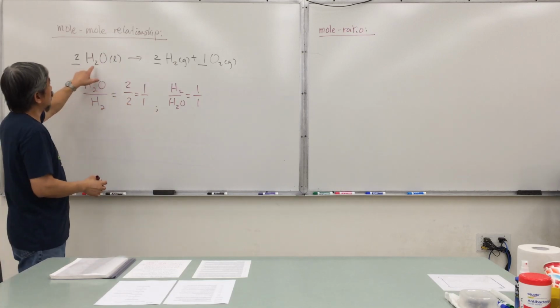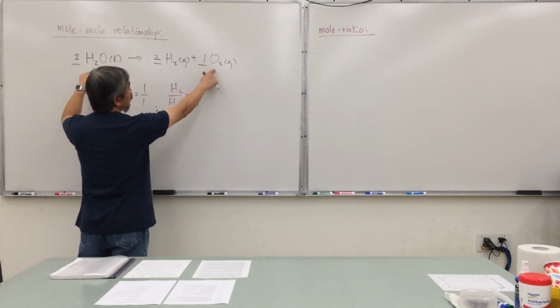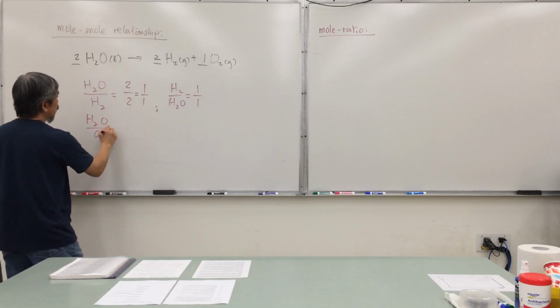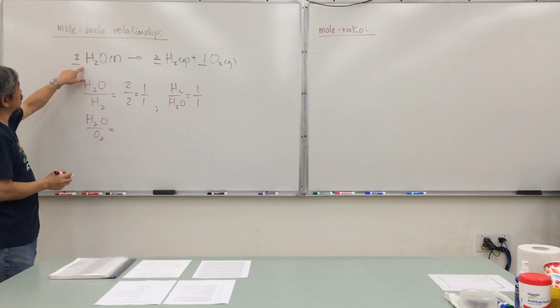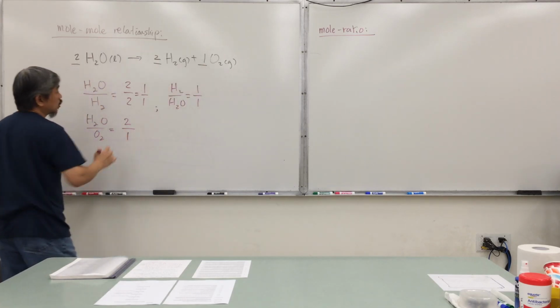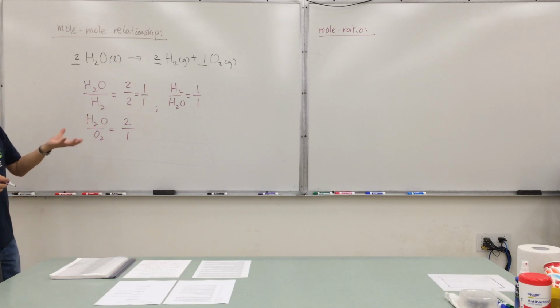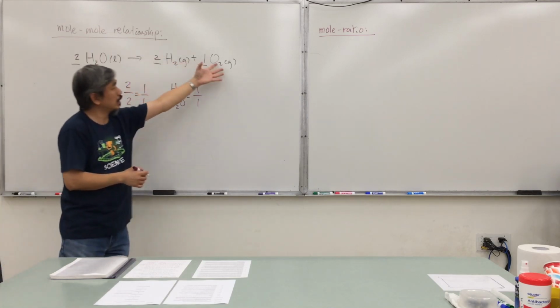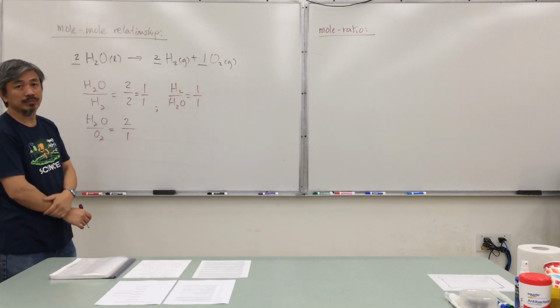What's the next one? The next one, I can look at the water as compared to the oxygen over here. So I can now do a H2O to O2 ratio comparison. In that case, there's going to be a 2 in front of the water and a 1 in front of the oxygen, so this is now a 2 to 1 ratio. So in this reaction, there's always twice the amount of water as compared to the oxygen that is produced in the reaction. Okay?